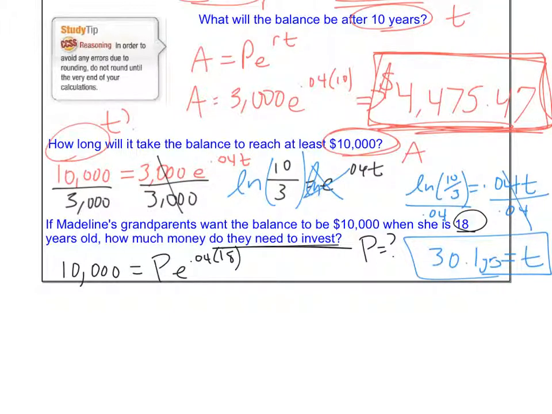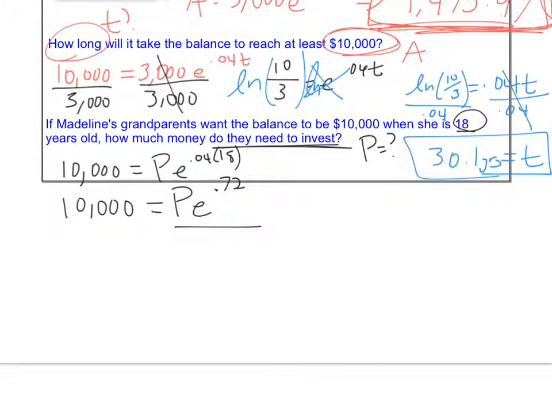And so what we can do is multiply 0.04 times 18, and we'll get 0.72. So 10,000 equals my principal times e to the 0.72. Now e to the 0.72 is a value. I can find that value by taking e to the power of 0.72. Essentially, guys, what we're doing is dividing both sides by e to the 0.72.